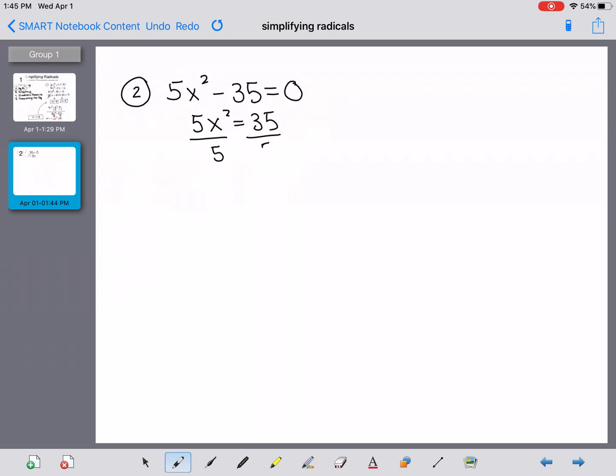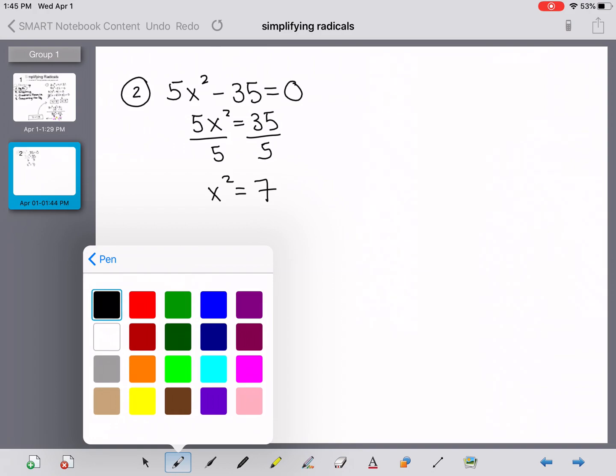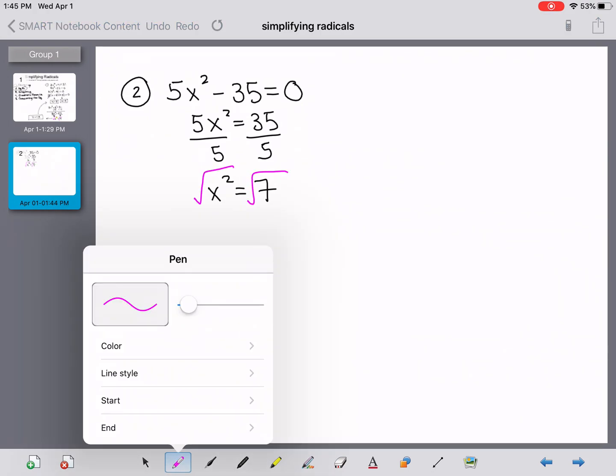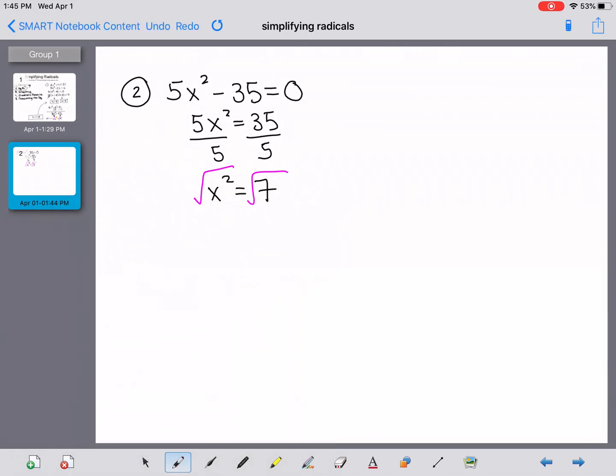Divide both sides by 5. Okay. Once you get the x squared all by itself, you're going to take the square root of both sides. The square root of x squared becomes x. As soon as you did square root, you add on a plus or minus. Now, the square root of 7 is not a perfect square. If you put the square root of 7 into your calculator, you get a decimal.